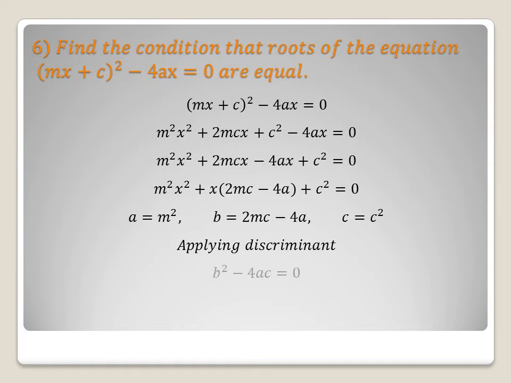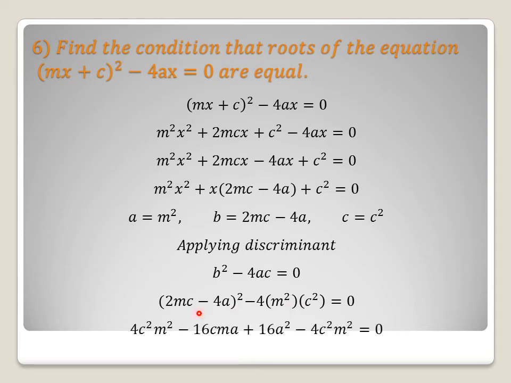We will apply the discriminant b² − 4ac, which is (2mc − 4a)² − 4ac, where a is m² and c is c². We will open the brackets. a² is (2mc)², which is 4c²m², and b² will be (4a)², which is 16a², and multiplying 2ab we will get −16cma.